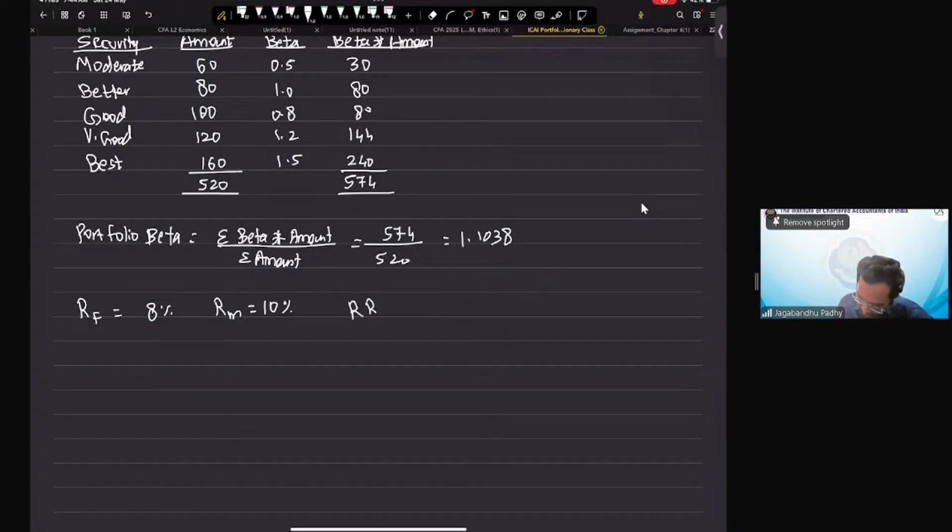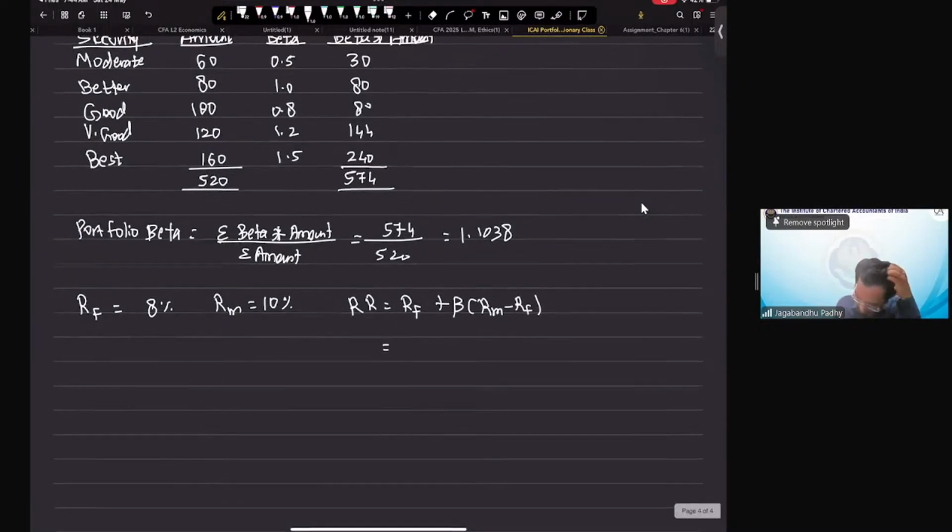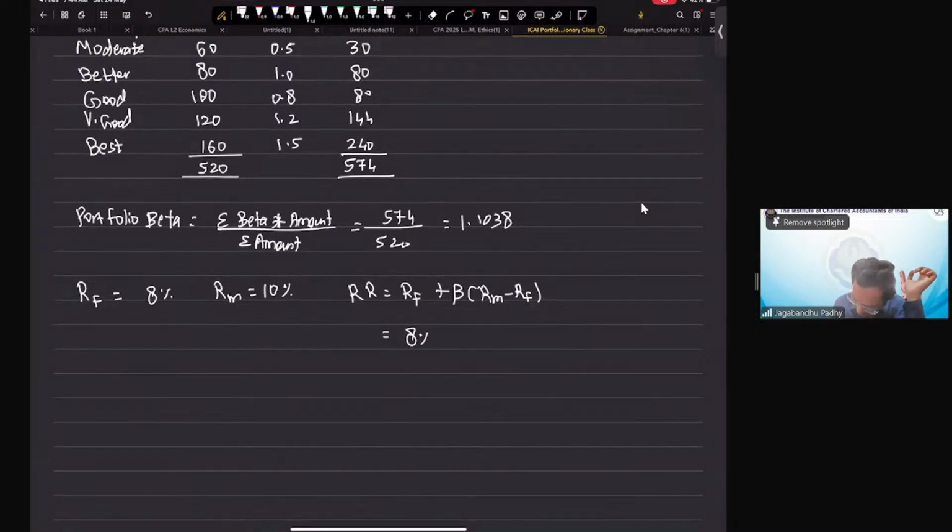So required return is going to be risk-free plus beta into RM minus RF. So risk-free is 8% plus beta is 1.1038 into RM is 10% minus 8%.